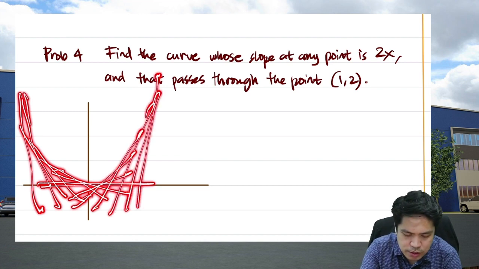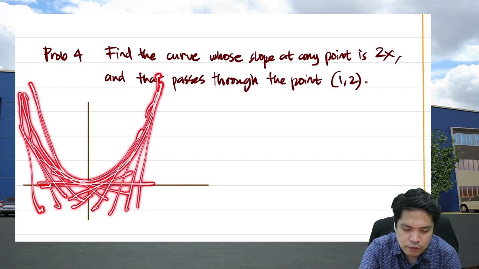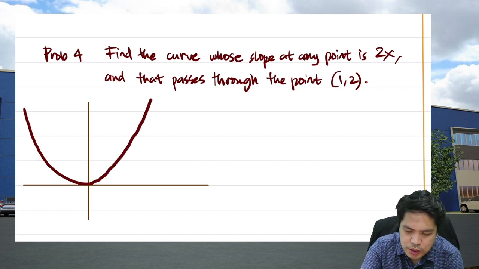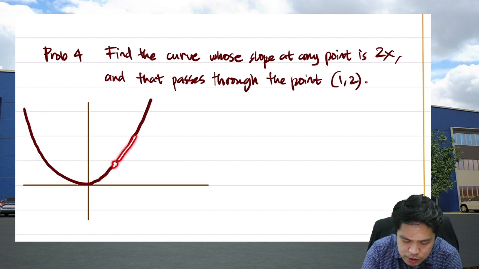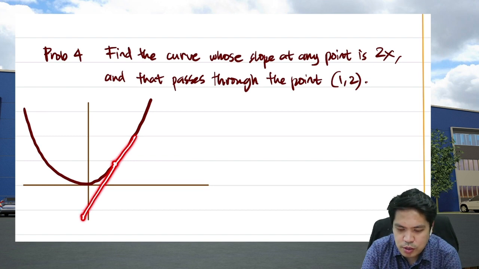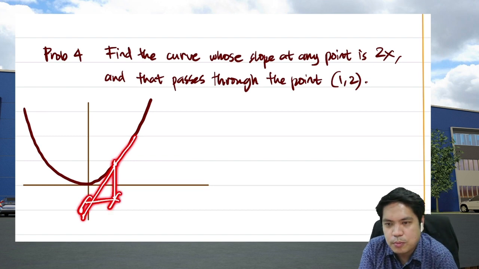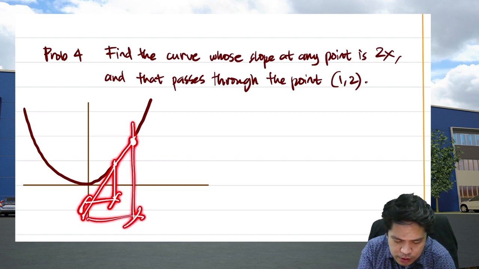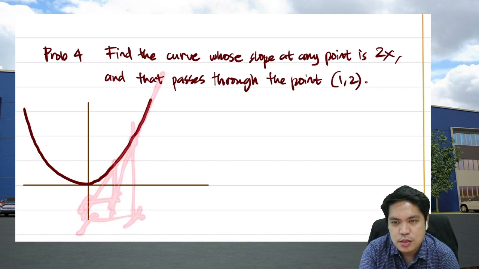So therefore, it is just this curve. So what it is describing is a curve that looks like this, in which ang slope niya dito is equal to twice the abscissa of that point. So the slope niya at this point is twice this abscissa. So that would be this slope.